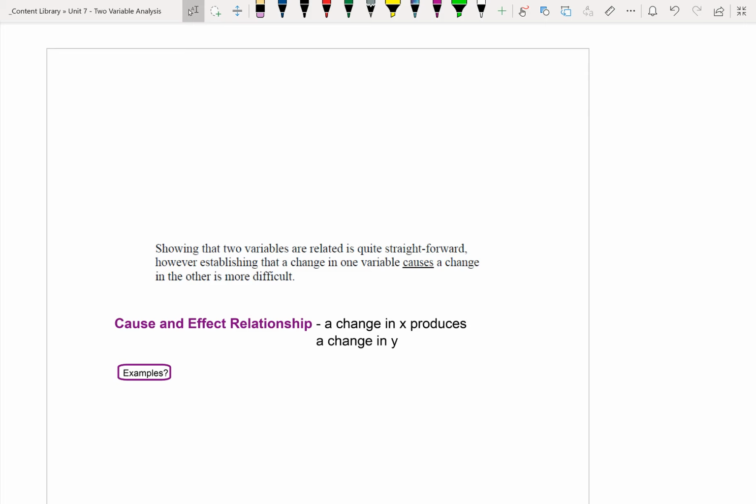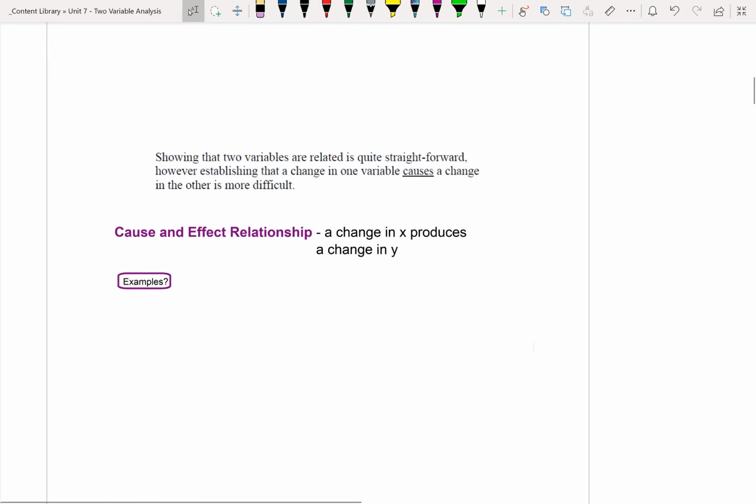So there are different types. So first off, a standard cause and effect relationship. A change in X produces a change in Y, or a change in the independent variable produces a change in the dependent variable.